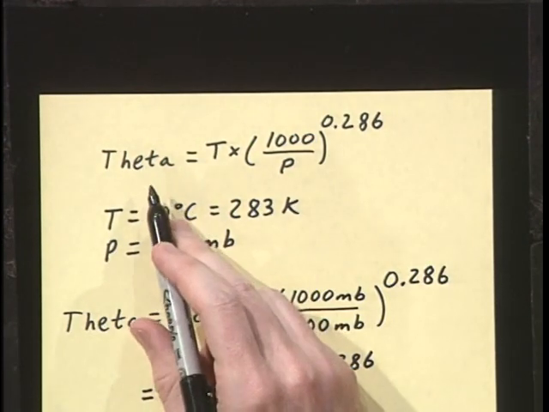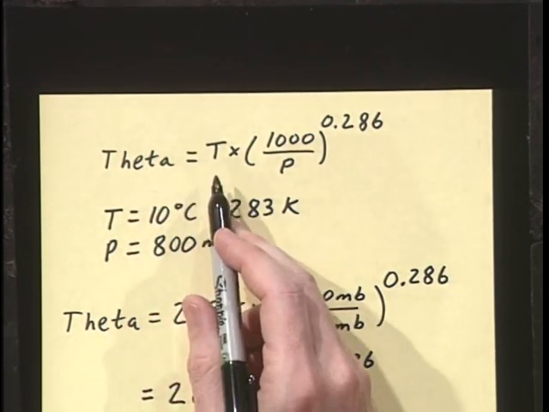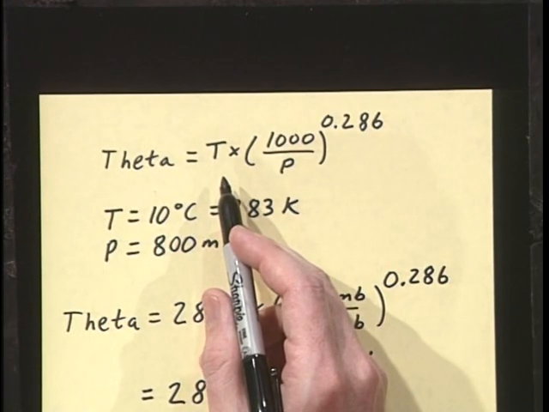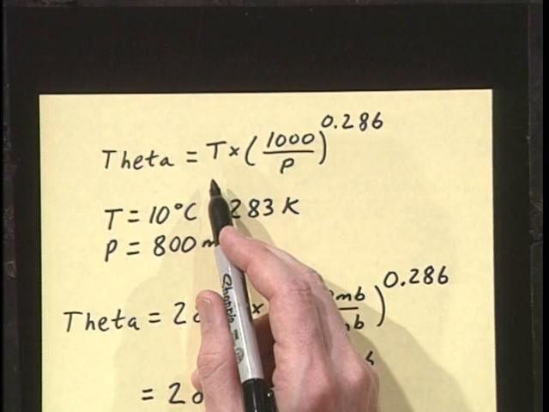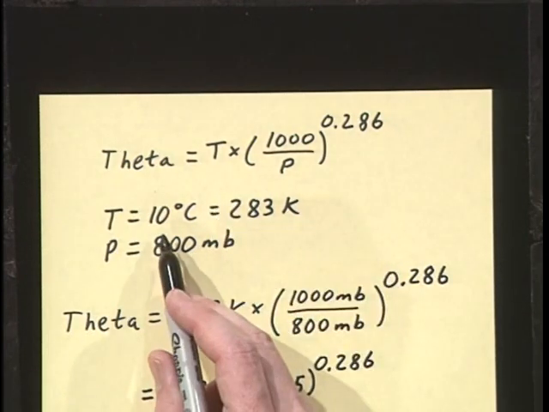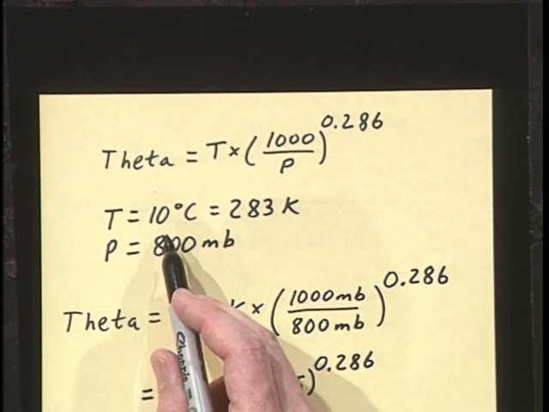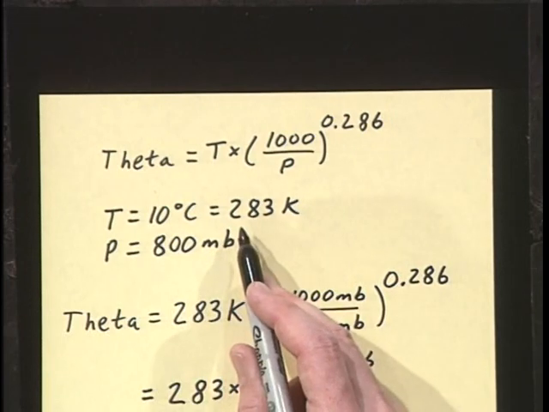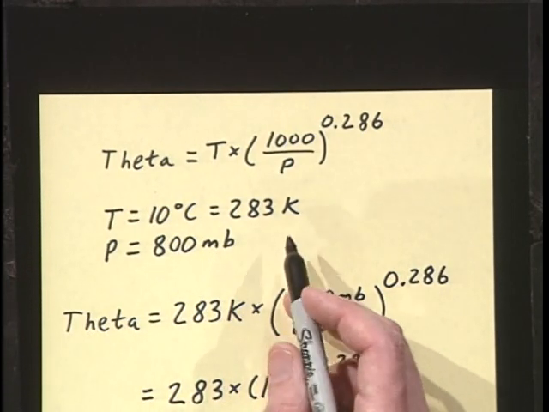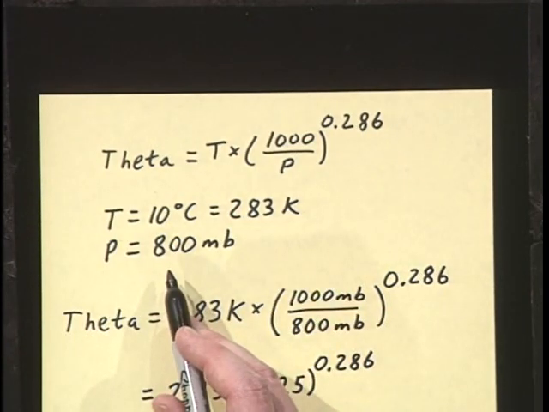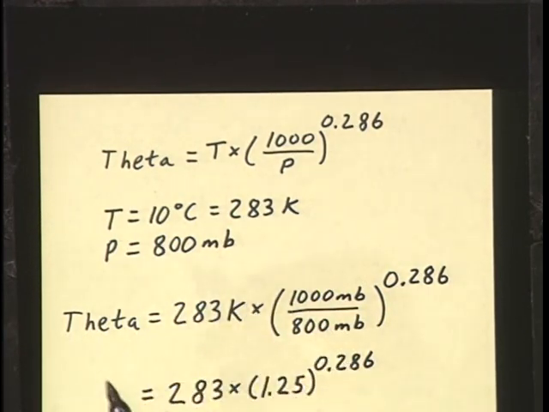So we have our theta, potential temperature, is equal to the initial temperature, which must be in Kelvin. So it was 10 degrees Celsius, so we add 273 to that value. So that is a value of 283 Kelvin. And our initial pressure is 800 millibars.